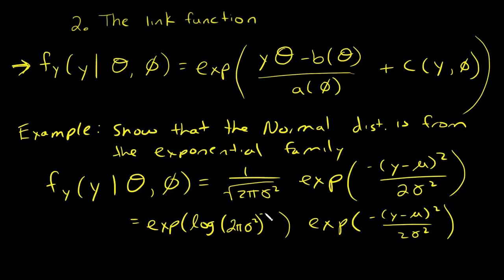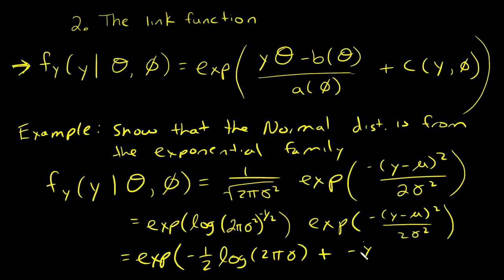That's the same thing, right? Okay, and now I can bring this power down. So negative 1/2 log 2 pi sigma squared, okay? And then I have this other exponential here, so I can just use my property that a product of two exponentials becomes a plus sign in the exponent, and then whatever I have in the back there.